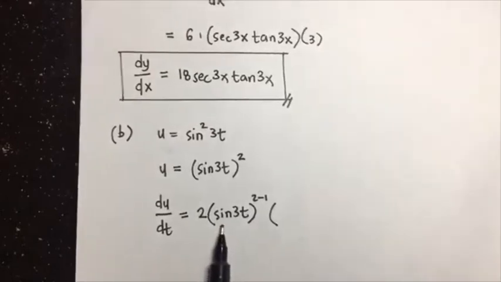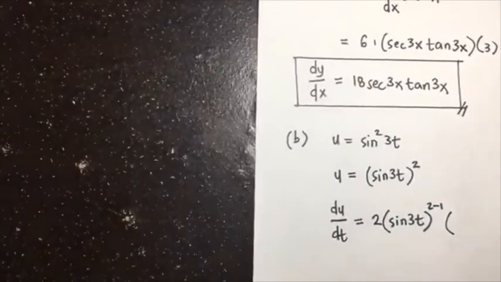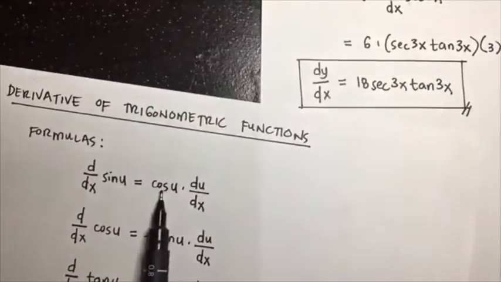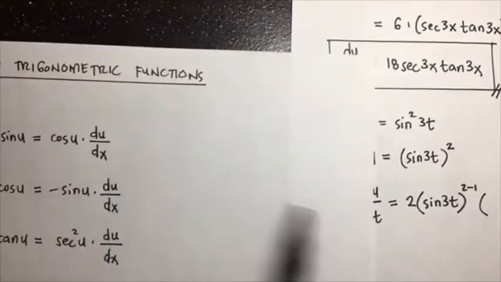The function inside is sine of 3t, and the derivative of sine is cosine.